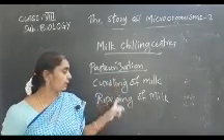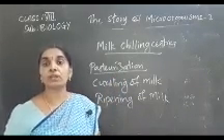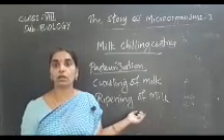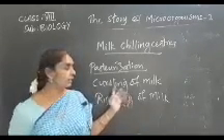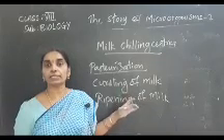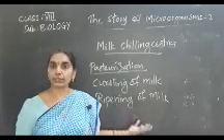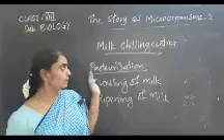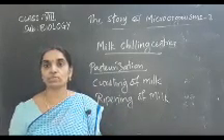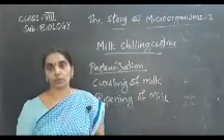And in the curdling and ripening of milk, useful bacteria are used for conversion of the milk into curd or milk into cheese.